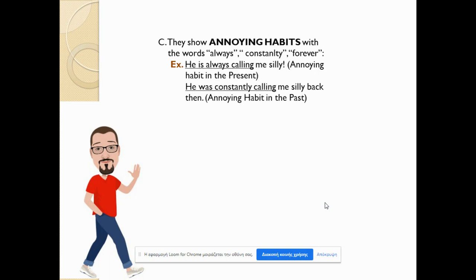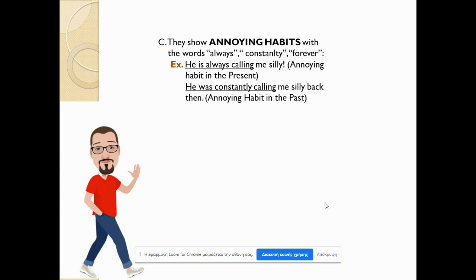Annoying habits, of course, with the words always, constantly, forever. Continuous tenses do that, and here we have that paradox that words that seem to refer to a habit are used with a continuous aspect that doesn't show a habit; it shows progress.